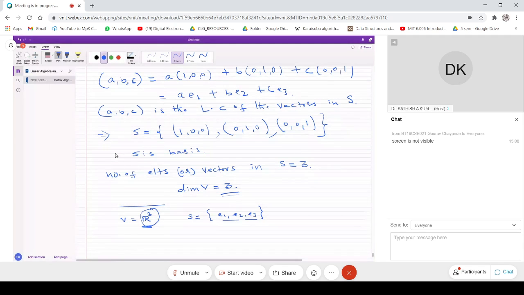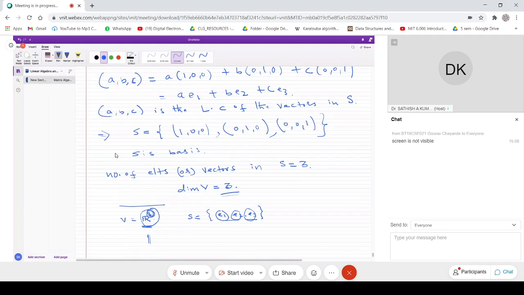Here the vector space is R3 and we have three vectors. If they are linearly dependent, then we can't say anything about the dimension. But if they are linearly independent, then we can directly conclude that the number of elements is 3.